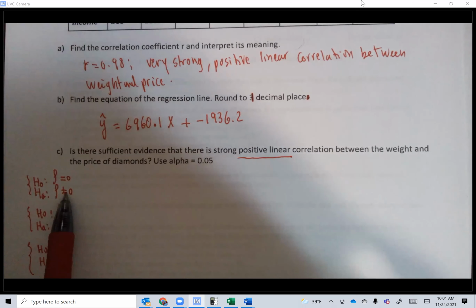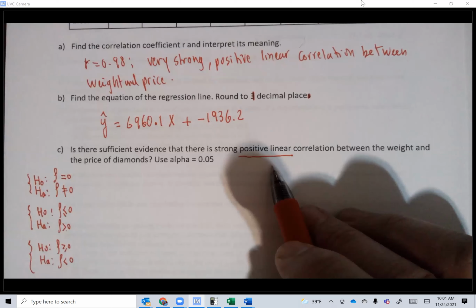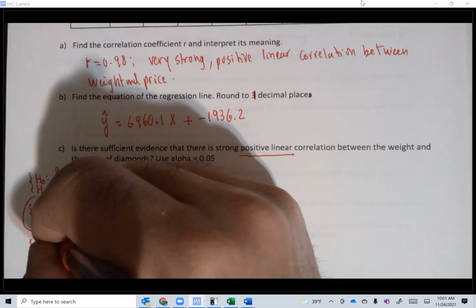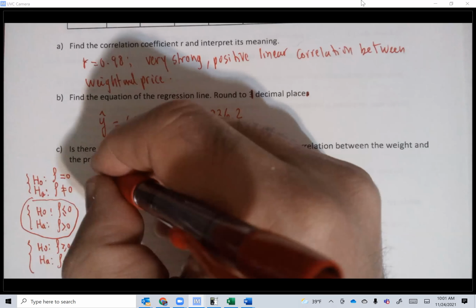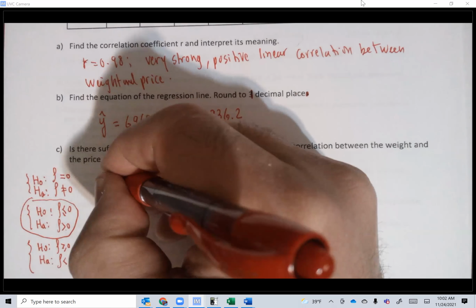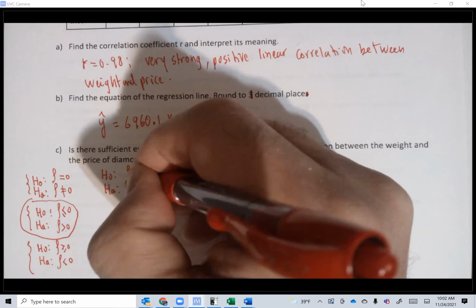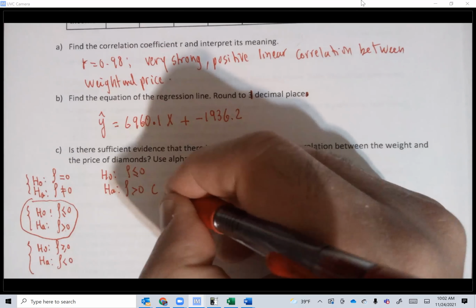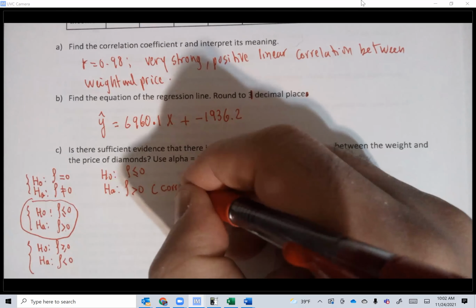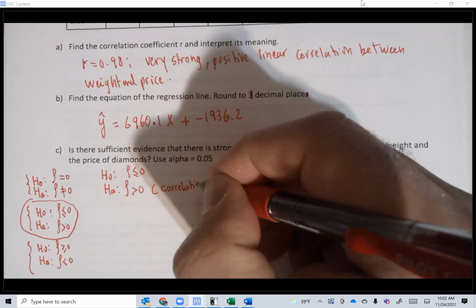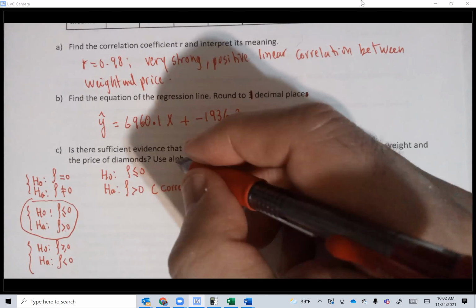So that's how you select it, guys. Since he says positive, that's what our null and alternative hypotheses are going to be. So I'm just going to put it here. And here you don't put the claim, it is the claim, but you just put correlation is significant in the alternative, and in the null you put correlation is not significant.